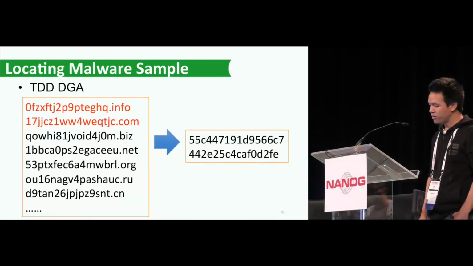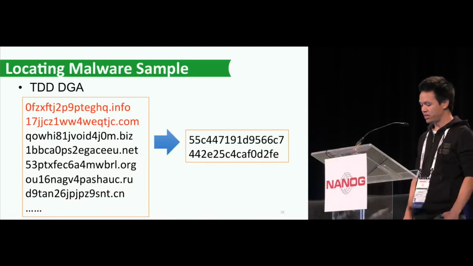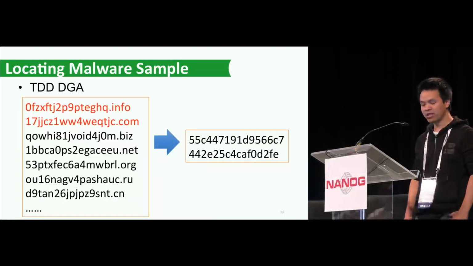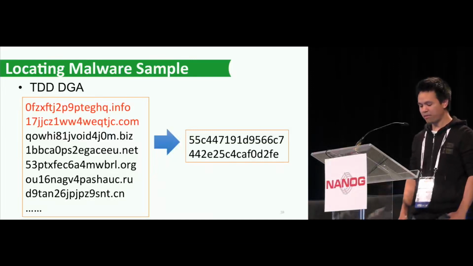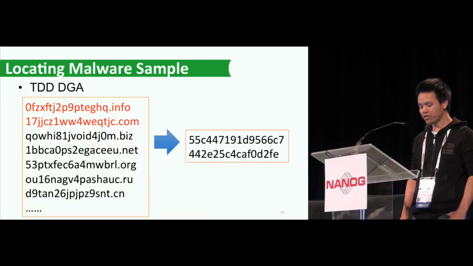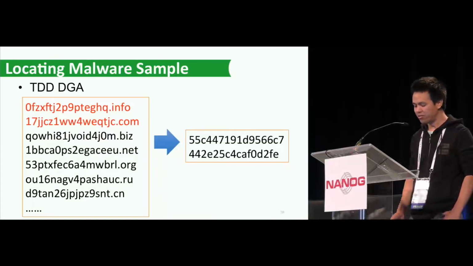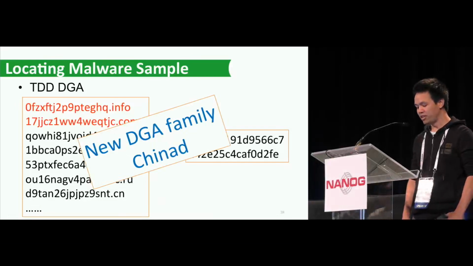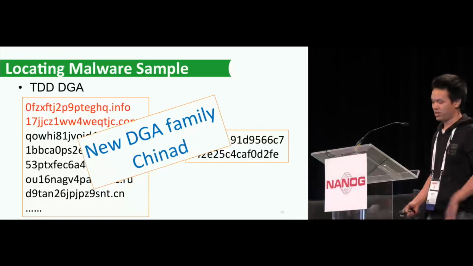We start from the suspicious DGA cluster, then figure out the naming pattern and locate the suspicious sample through fuzzy match, and then reverse engineer and figure out the algorithm. Then we can confidently generate domains of this new family.